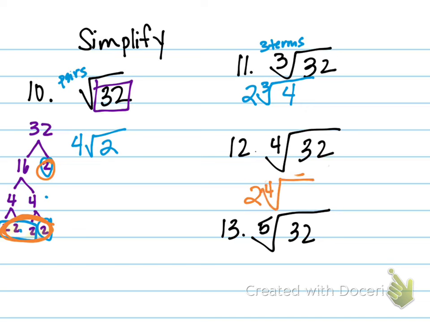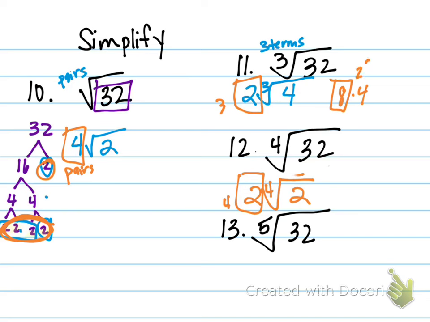So the stuff that goes on the outside is the group of 3 and the group of 4. Like here we pulled out pairs. So what comes on the outside is I have a group of 3. So basically 2 cubed is 8. And 8 times 4 is 32. But this is 2 to the 3rd power.